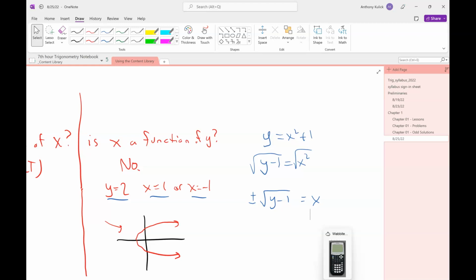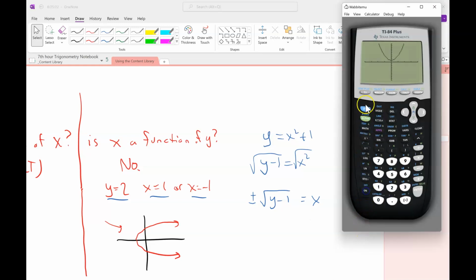There is not. So to graph this on my calculator, I would have had to do square root of x minus 1. And then I also would have had to do negative the square root of x minus 1. So I have one that's positive and one that's negative.